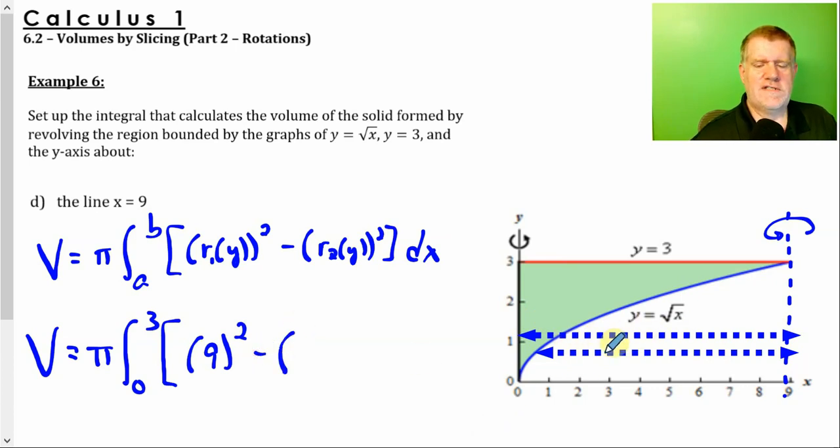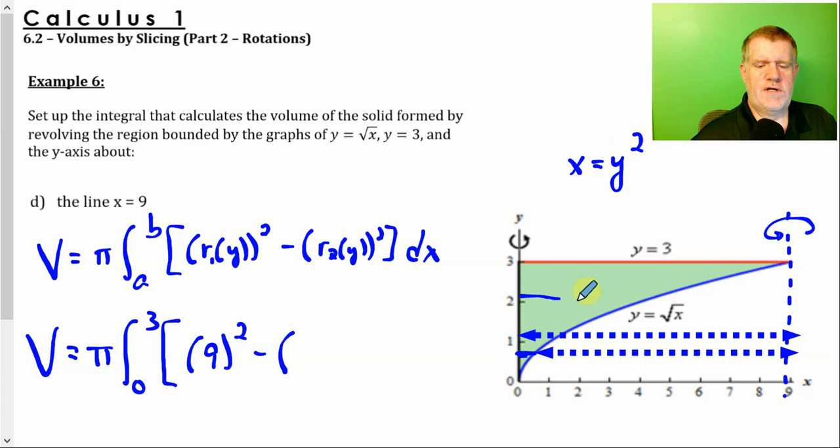Now this distance here is a little trickier, because remember, the whole distance all the way out to the edge is 9. But this is a graph of y equals the square root of x, and now we're putting it in terms of y. So remember, x equals y squared. This distance here to here is y squared. Of course, y squared varies.